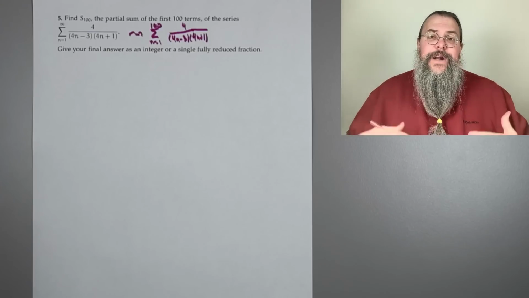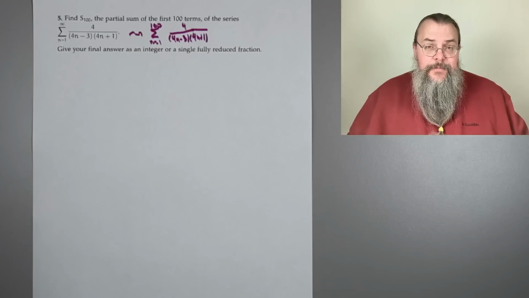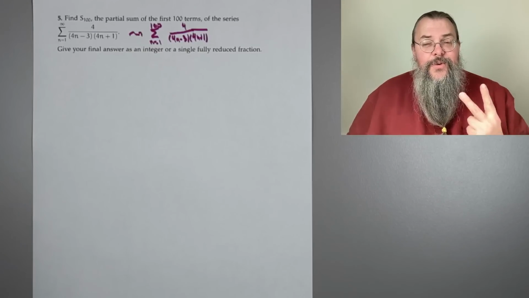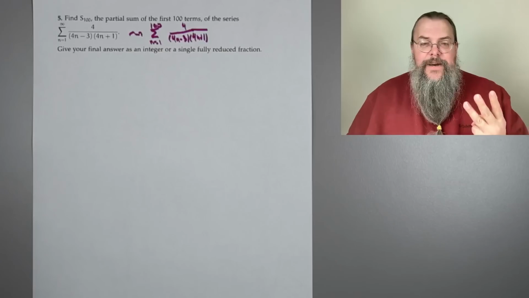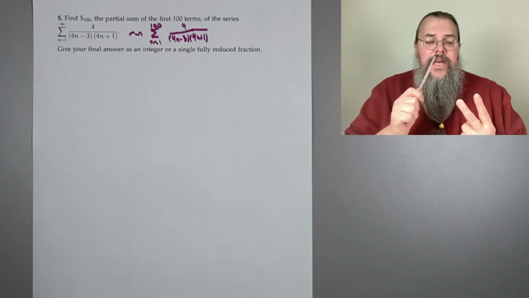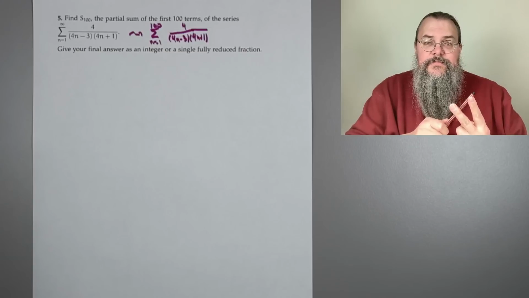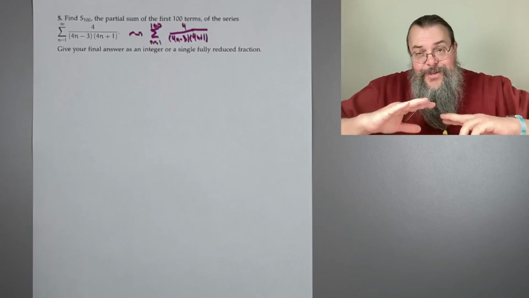So we're adding up sums. When it comes to adding up sums, there's really two that we have a good, solid chance for. There's a third that we kind of have a chance for, but let's focus on the main two: geometric sums and telescoping sums. Geometric sums are easy to spot.